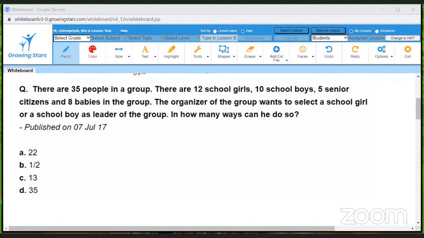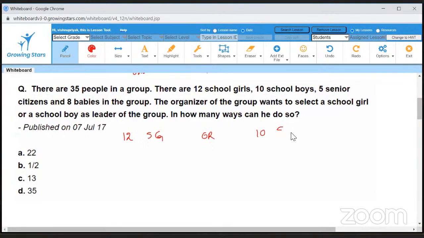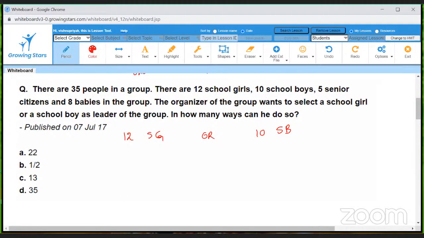So here the leader has to be chosen from girls or boys. That means from 12 school girls or 10 school boys, any one of them, either girl or boy, should become the leader.